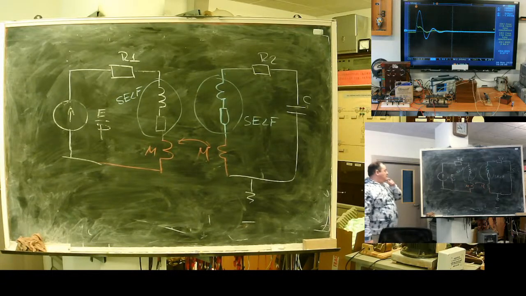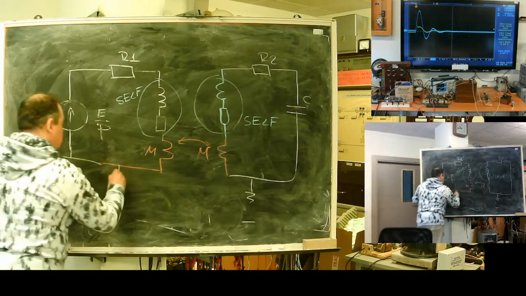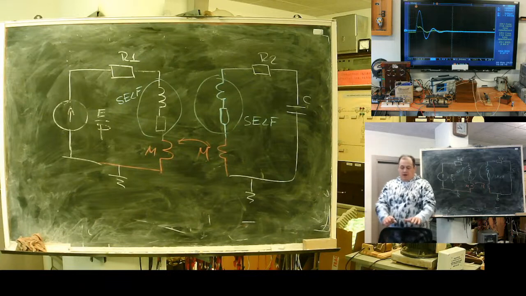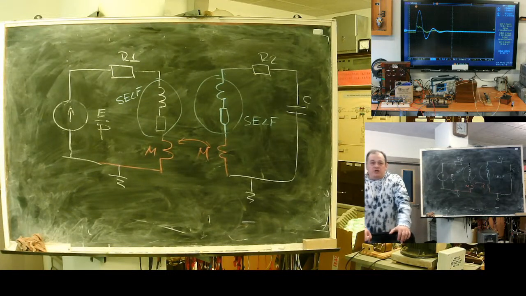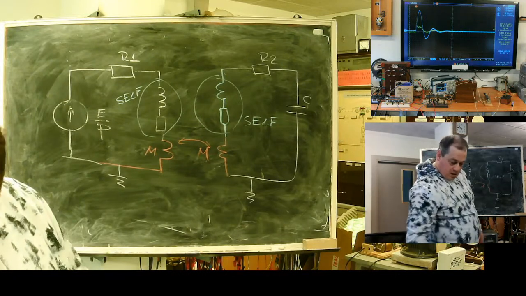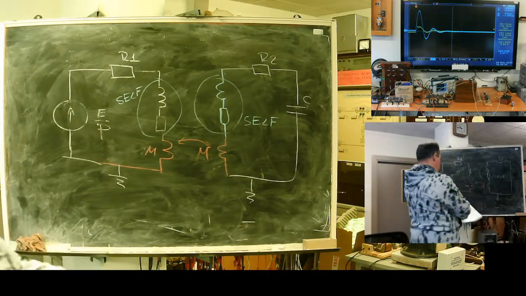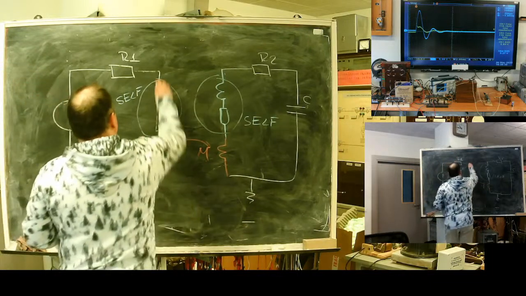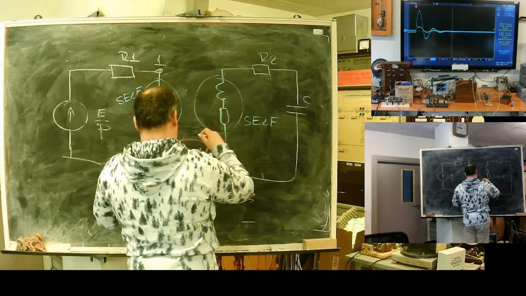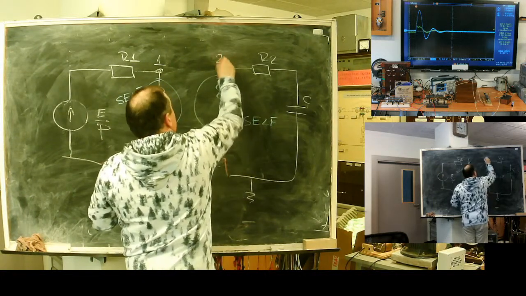Next step: this one will also be ground, this will be the base node. Now I will use a simple topological analysis. I need to specify the number of nodes and assign numbers and directions to my branches. This will be node 1 and this will be node 2.